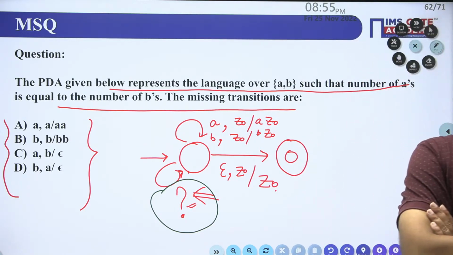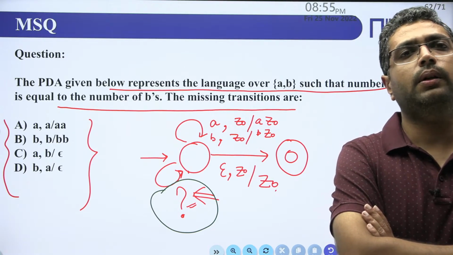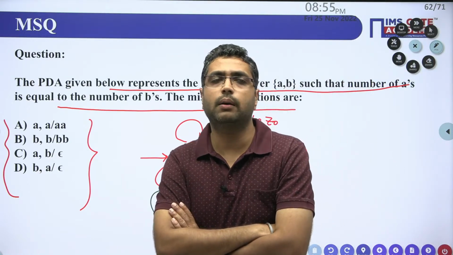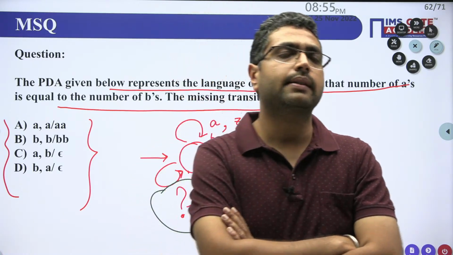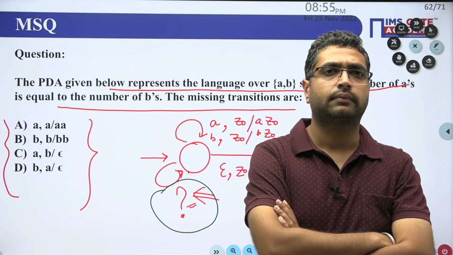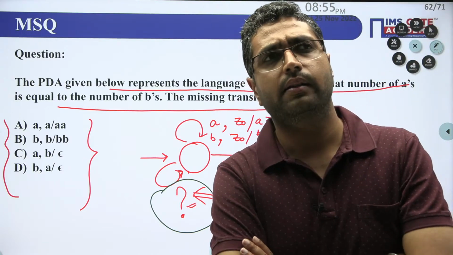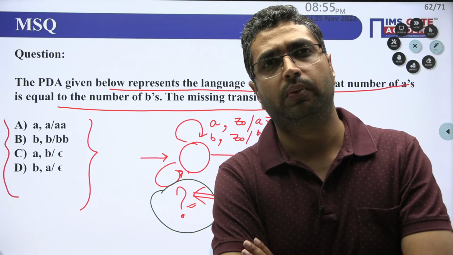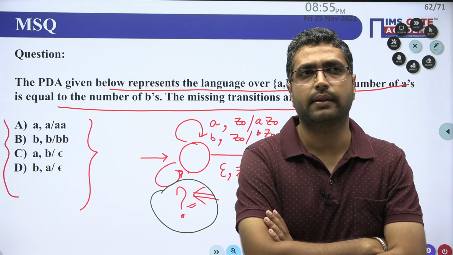Sir, can we produce the complement language by converting non-final to final states, same as DFA? Yes, definitely you can do that, Vikram, but you have to ensure that the DPDA you have is a minimal DPDA. There is no issue. And mind you, the condition should be acceptance by final state. If the DPDA is made with acceptance by final state, then you can do that.